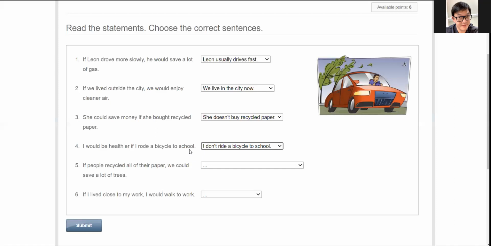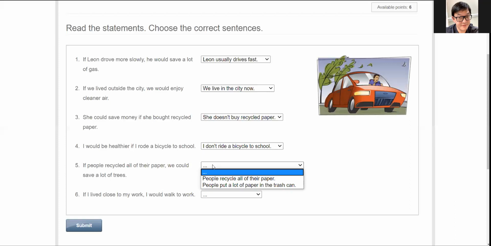Okay, let's do number 5. If people recycled all of their paper, we could save a lot of trees. Okay. People recycle all of their paper.